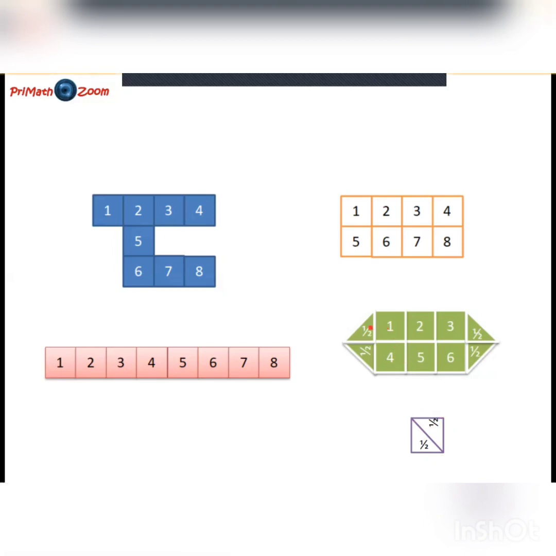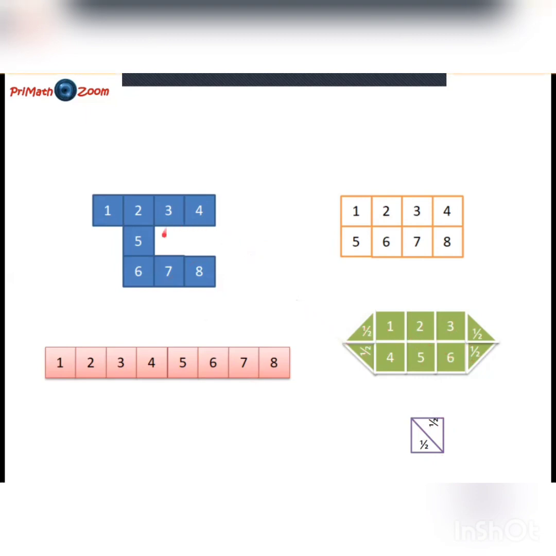So let us go back here and see if we can get the same as these others. This half and this half will now form one square. This other half and this other half would have formed one square. So let us count and check again. 1, 2, 3, 4, 5, 6, half and half, 7, half and half, 8.